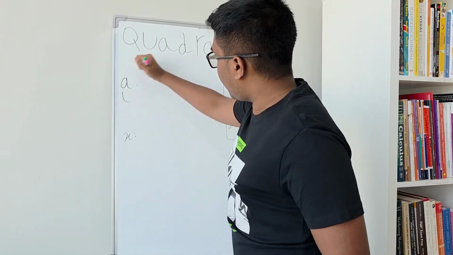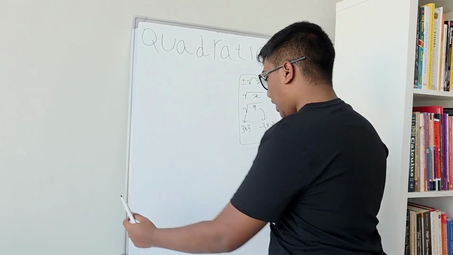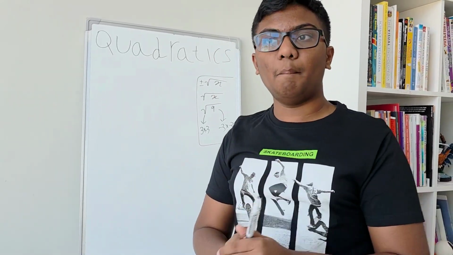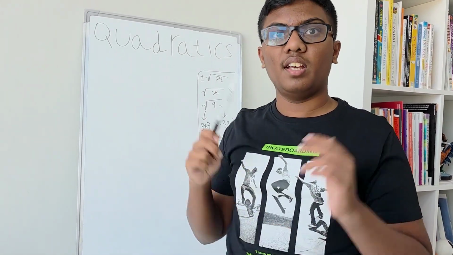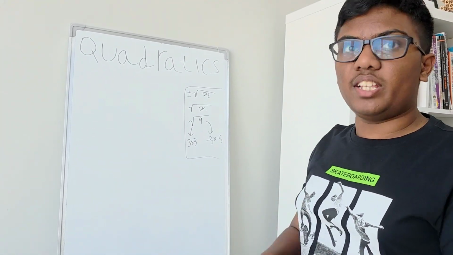Now, in IGCSE, there will also be some questions asking if a quadratic equation has any real number solutions or not. Now, for those that do not know or have forgotten, it's quite easy.